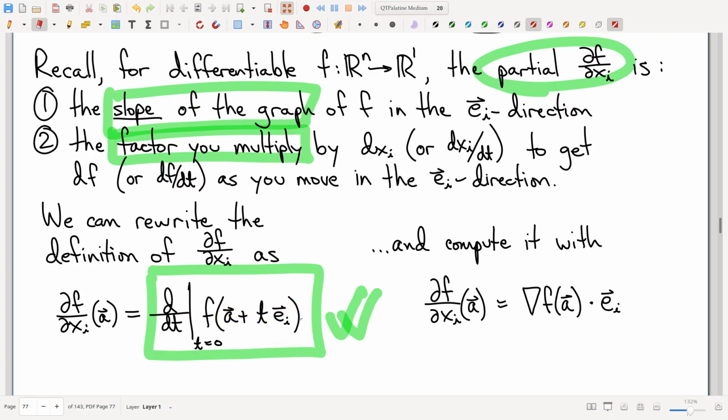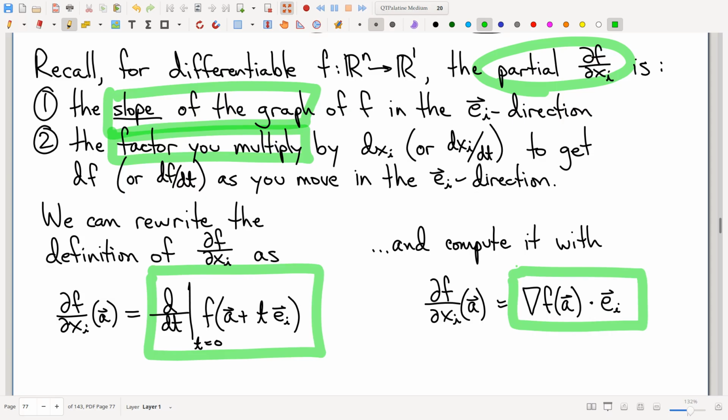All right. Okay, so again, summarizing things we know about the partial derivative. Slope of the graph. Multiplicative factor. This new weird expression that we're seeing for the first time. And then here's another odd thing to want to write down, but easy to verify.